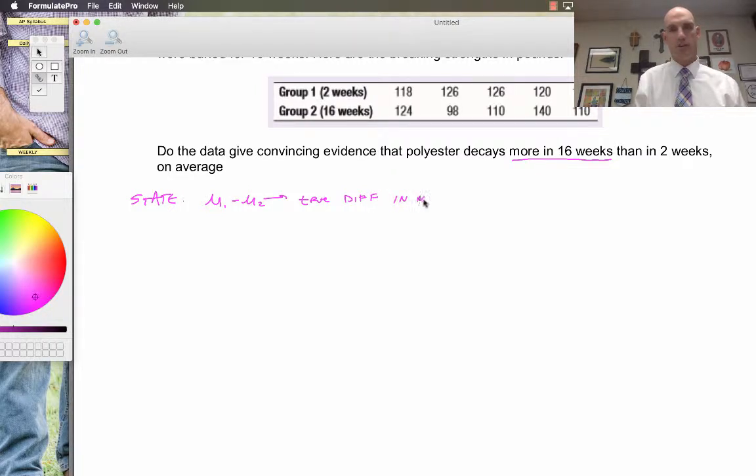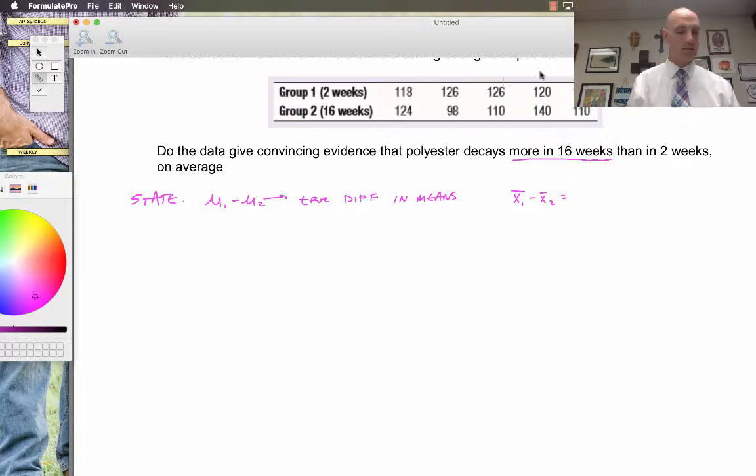True difference in means. And what we're measuring is x bar 1 minus x bar 2, which is the difference in 16 weeks minus 2 weeks. So what we need is to find the means.